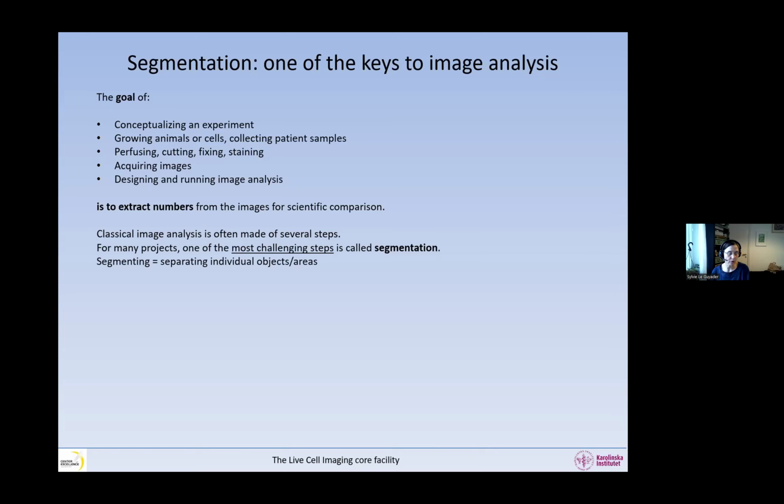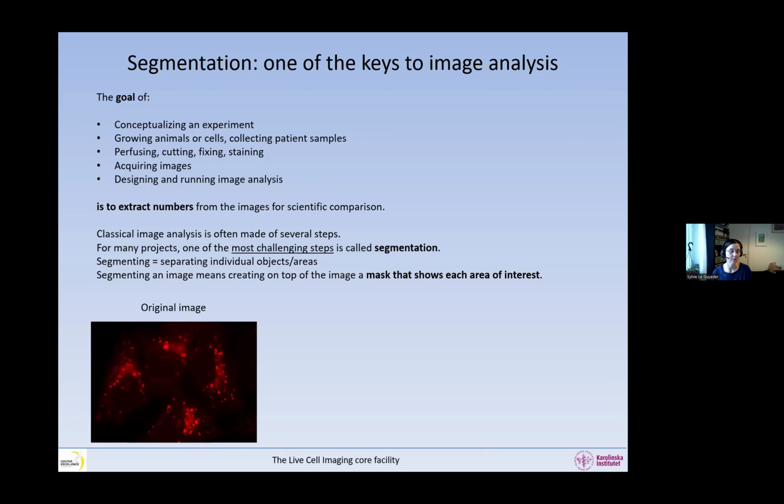Because I'm going to talk about this quite a lot during the course, I want to make sure that everybody's on board, so I'm going to define this now from the start. Segmenting an image means separating the individual objects or areas in the image. It means that we're going to create a mask on top of the image, and in this mask we show which areas we're interested in, and outside the mask are the areas we're not interested in.